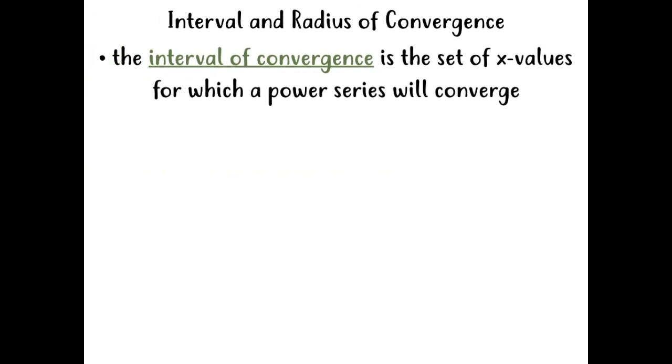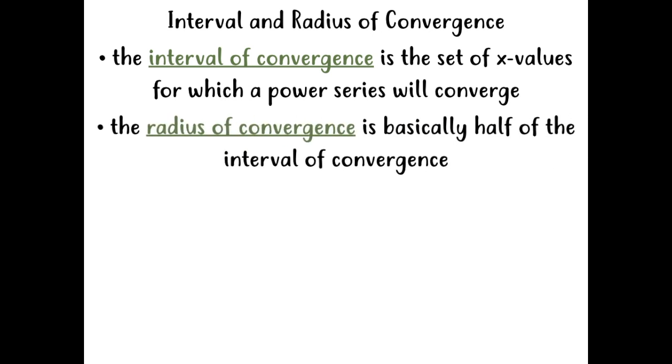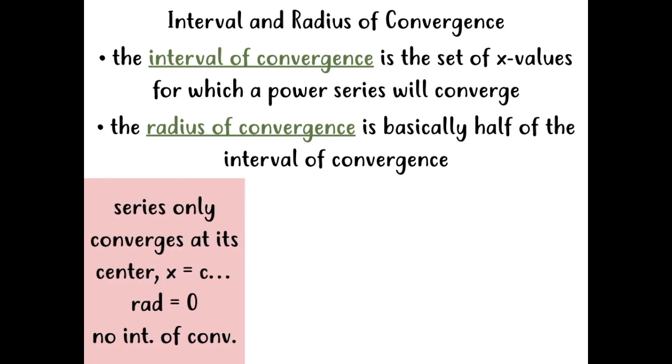The interval of convergence is the set of x values for which a power series will converge, and the radius of convergence is basically half of the interval of convergence. There are three different cases we could have for power series. One is the series only converges at its center, x equals c, so the radius is equal to 0 and there is no interval of convergence.